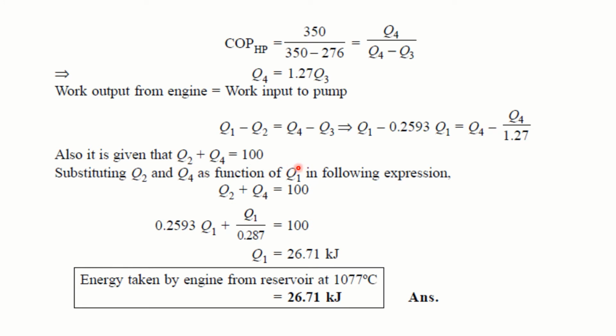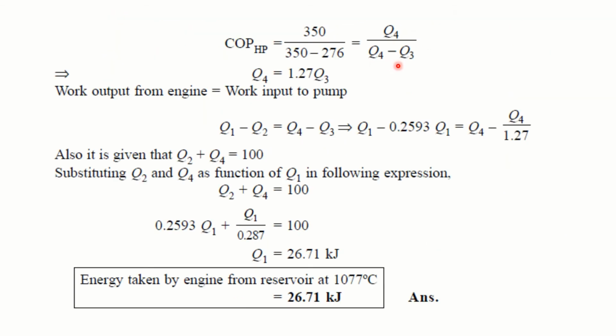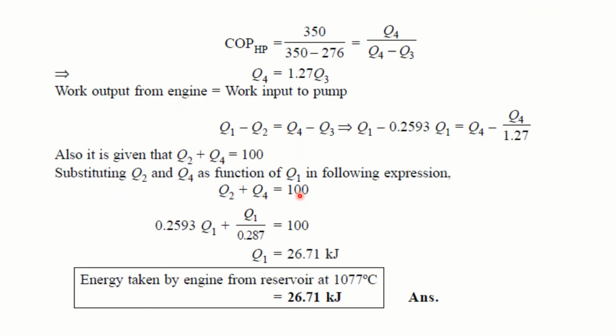Q2 plus Q4 is also given 100 kilojoules. Where? Here it is. For 100 kilojoules, heat energy supplied to the reservoir at 77 degrees Celsius. Q2 plus Q4 is the heat rejected to that one. You can see here, Q2 is rejected here, Q4 is rejected over here, that becomes 100.